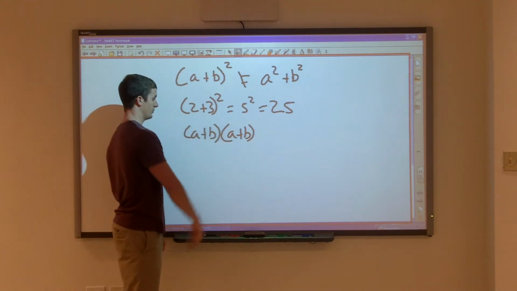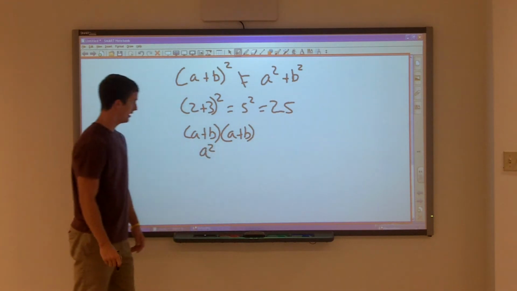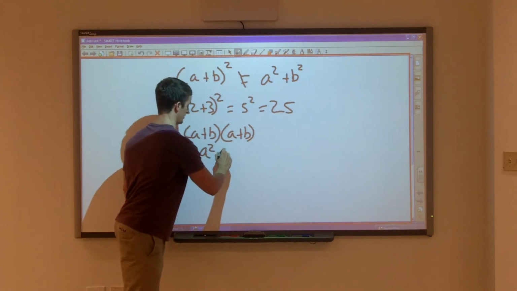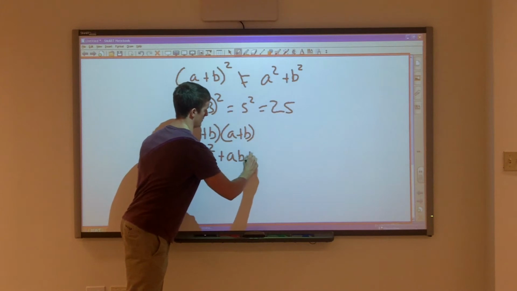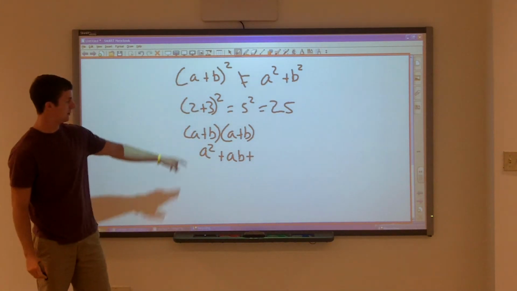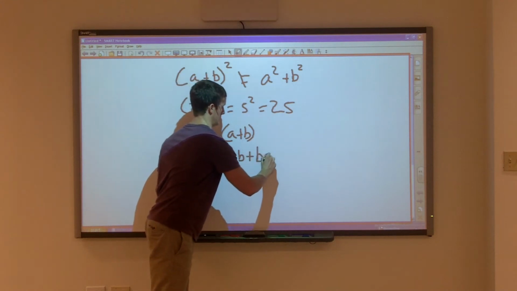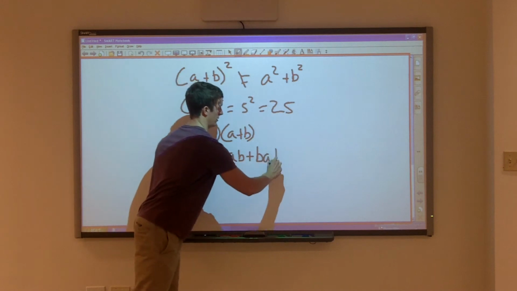Our first, a squared, our outer, a times b, which is just ab, our inner two numbers, which is b times a, and then our last two numbers, so b squared, b times b.